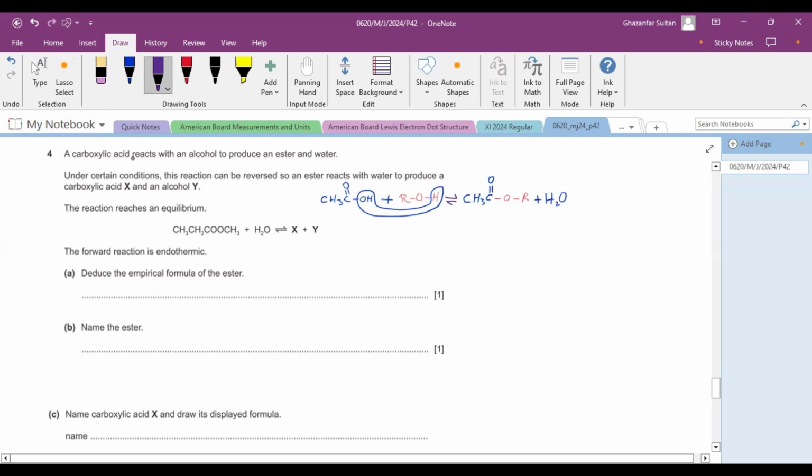So a carboxylic acid reacts with an alcohol to produce an ester and water. Under certain conditions, this reaction can be reversed as given here, and it produces carboxylic acid X. So X is a carboxylic acid, while Y is an alcohol.